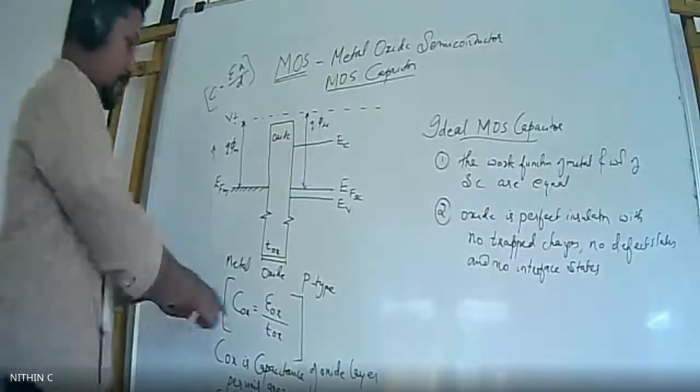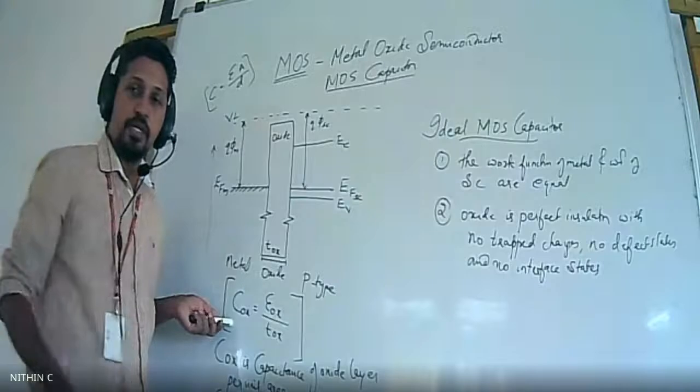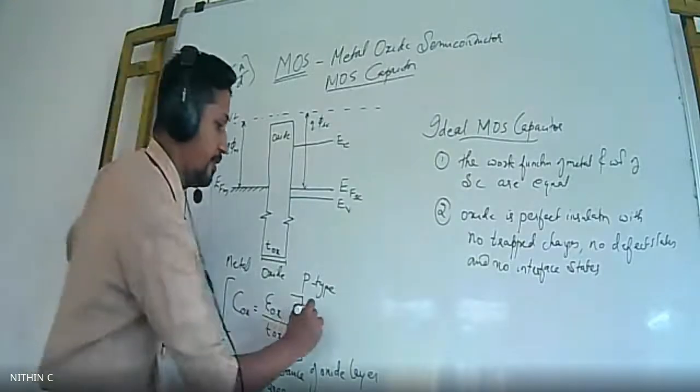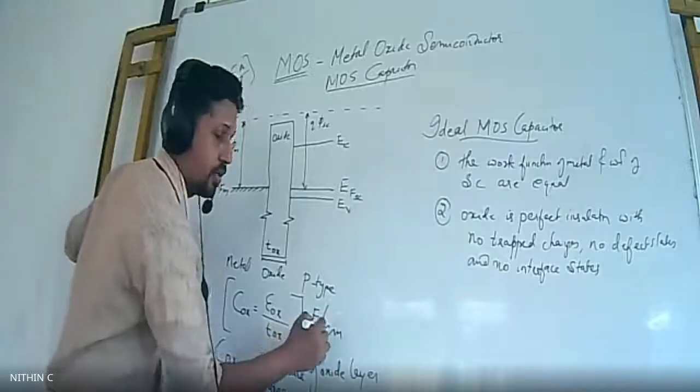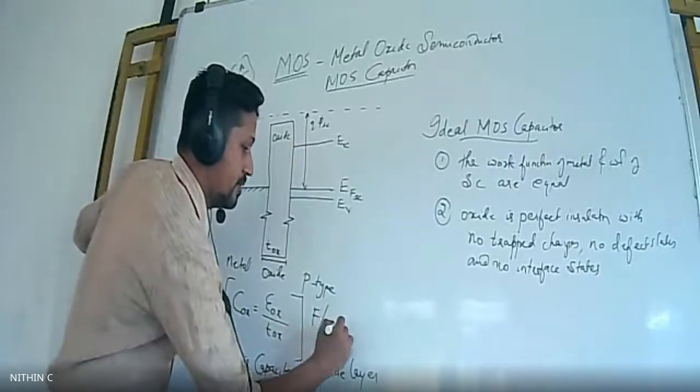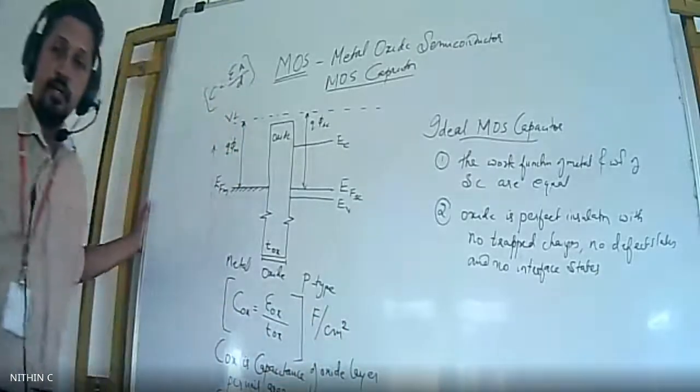Farad. COX is actually capacitance per unit area, so the unit is farad per area, meaning centimeter square. Centimeter is the standard we consider. Farad per centimeter square.